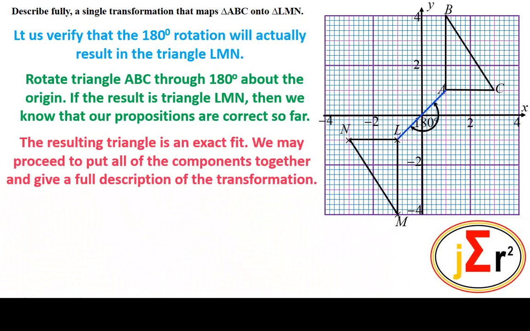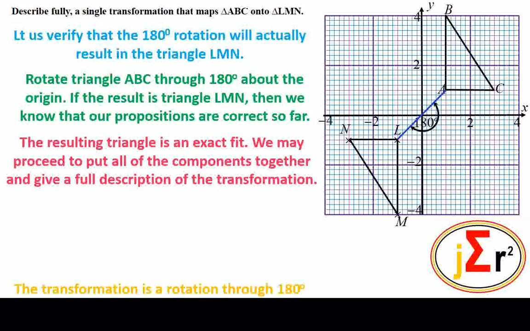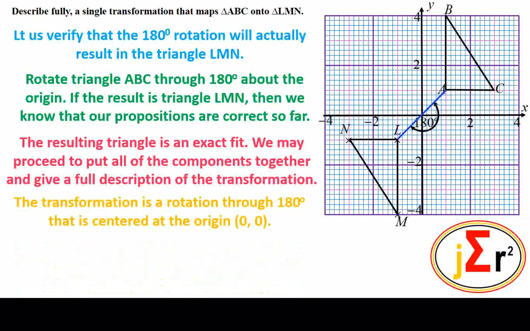We may proceed to put all of the components together and give a full description of the transformation. The transformation is a rotation through 180 degrees that is centered at the origin.